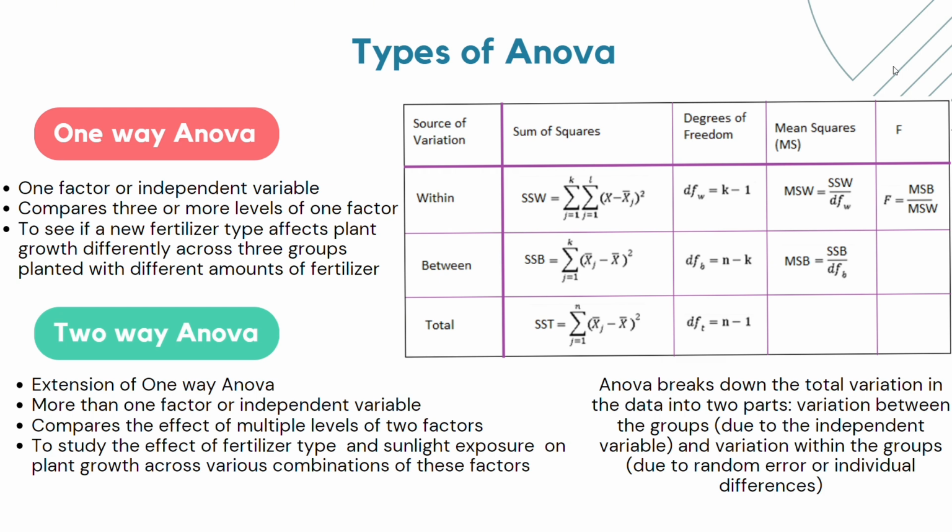It contains more than one factor or independent variable. It compares the effect of multiple levels of two factors. It is used to study the effect of fertilizer type and sunlight exposure on plant growth across various combinations of these factors. ANOVA breaks down the total variation in the data into two parts as shown in the table.